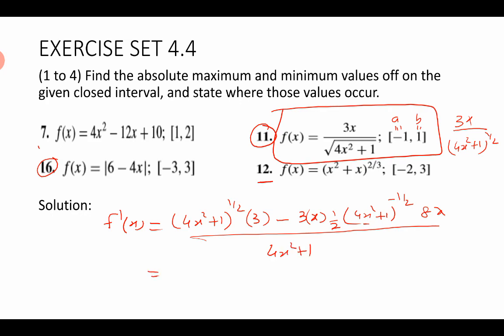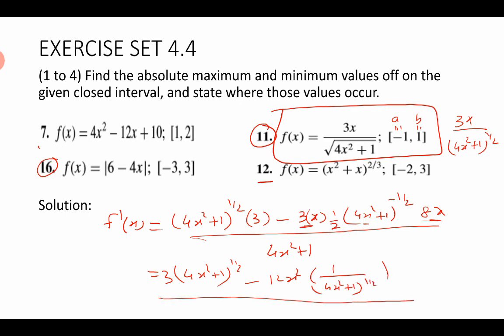What you get? This is 4x square plus 1 to the power half into 3, minus 3x into 8x, 24x square, divided by 12x square, into 1 over 4x square plus 1 to the power half, and overall divided by 4x square plus 1, because root square will be power 1, isn't it?